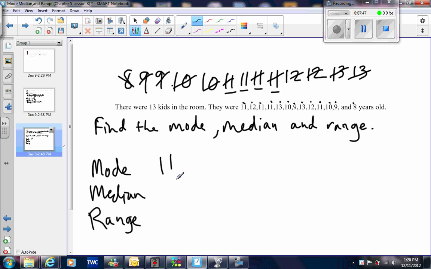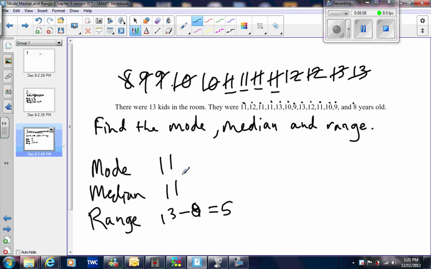So you can see that 11 is the median also. And then the range would be 13 minus 8, which is equal to 5. So I hope that's what you got when you did it on your own. This is how you find these 3 things that look at data.